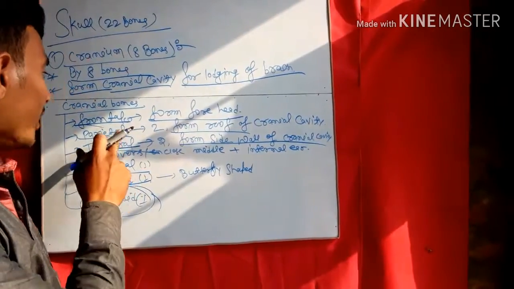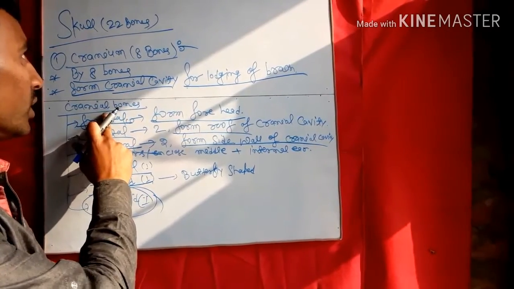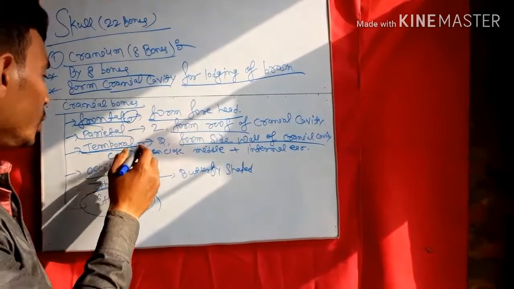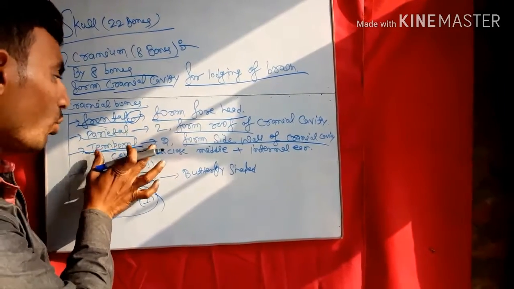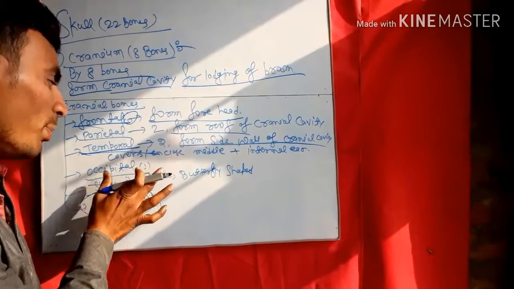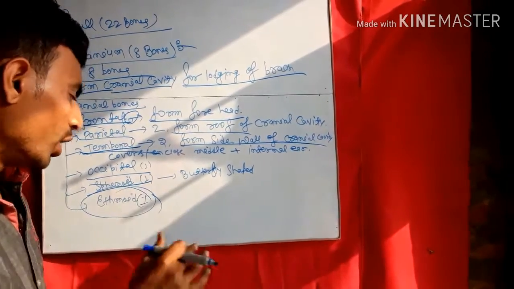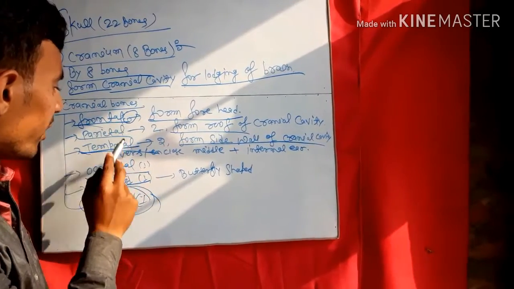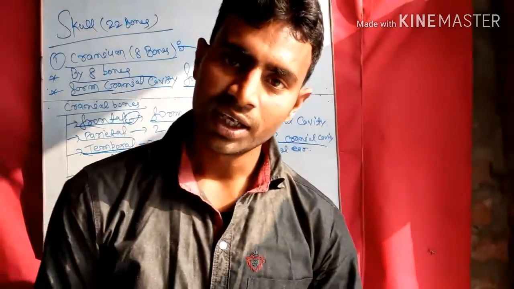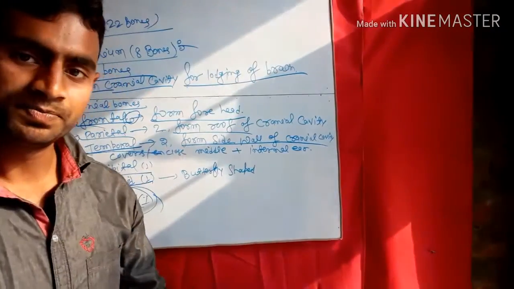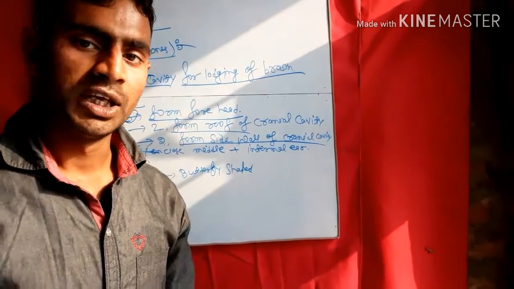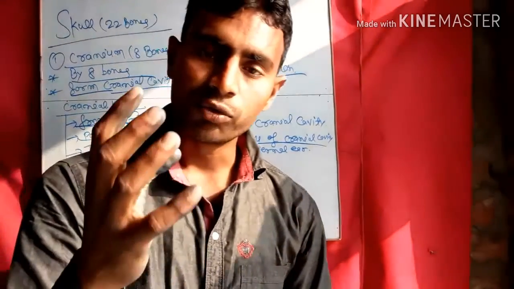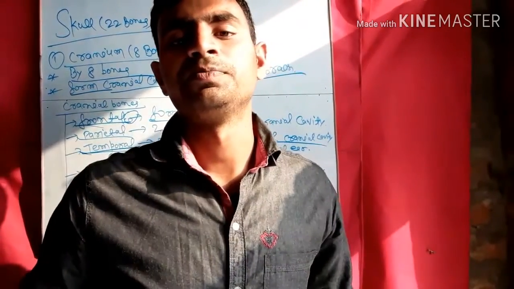So the cranium is made by 8 bones: frontal 1, parietal 2, temporal 2, occipital 1, sphenoid 1, ethmoid 1. That makes 8 bones in the cranium.